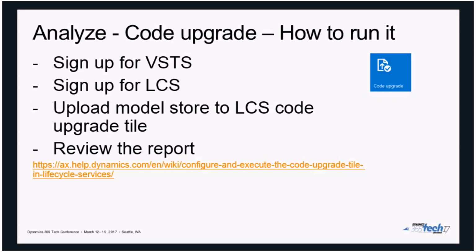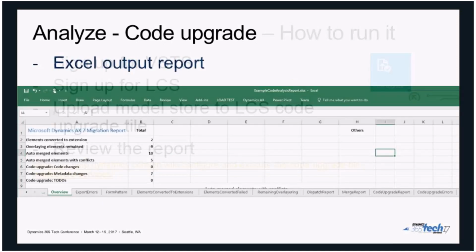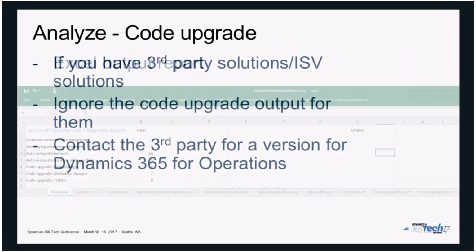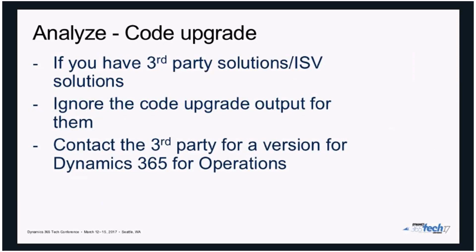More details on how to do it are provided here at the link in the presentation. That's a sample of the Excel output report that's going to provide you with more information on the upgraded elements. And that's pretty much it for your code upgrade.